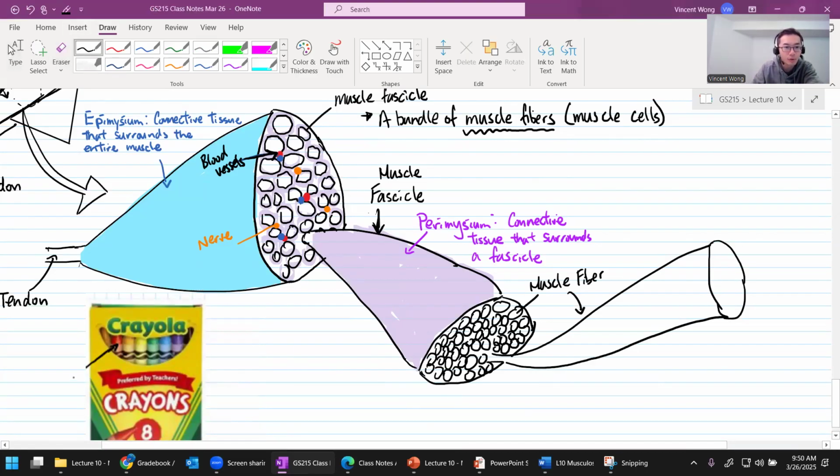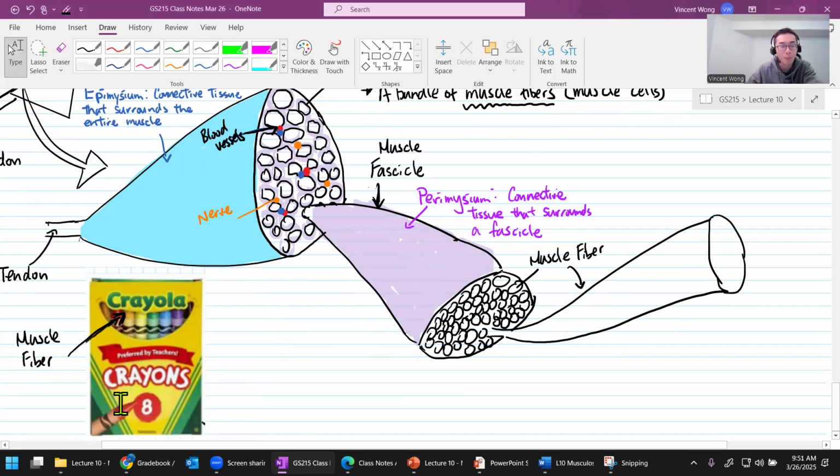Each individual crayon is like a muscle fiber. And then you put them together in a whole pack. This whole pack is a fascicle.